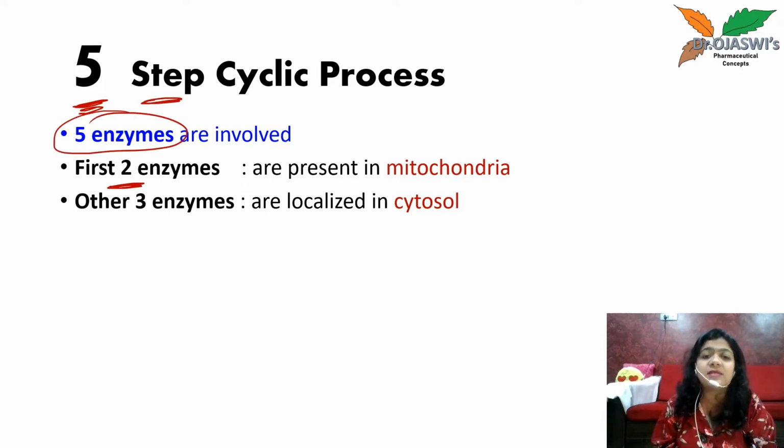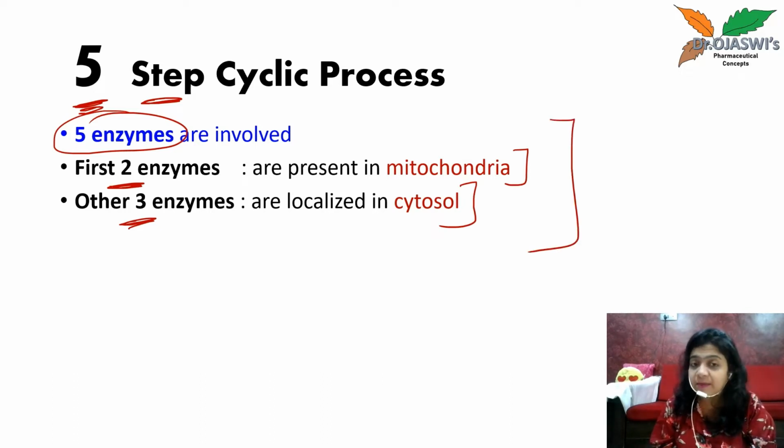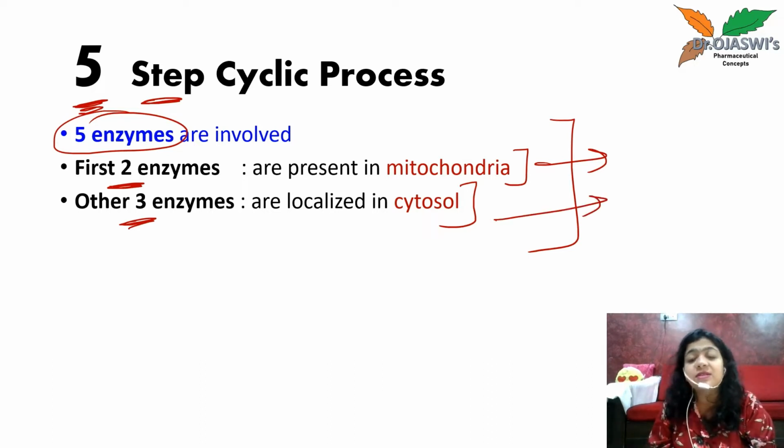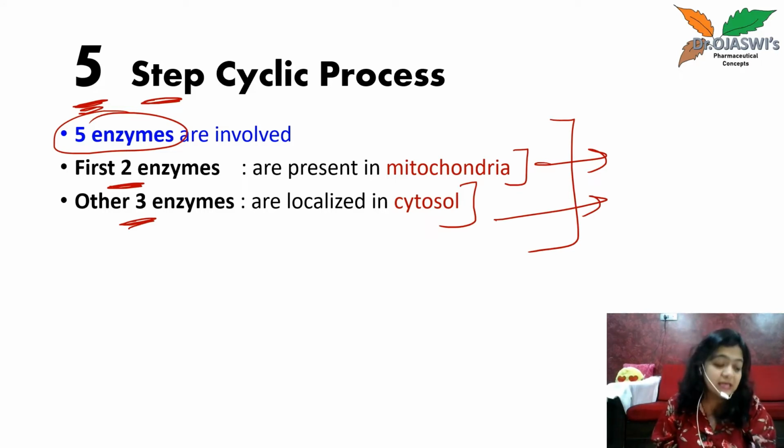The first 2 enzymes are present in mitochondria and the other 3 enzymes are localized in cytosol. So what we remember from here is that the first 2 steps of the urea cycle happen in mitochondria, whereas the other 3 steps happen in cytosol.